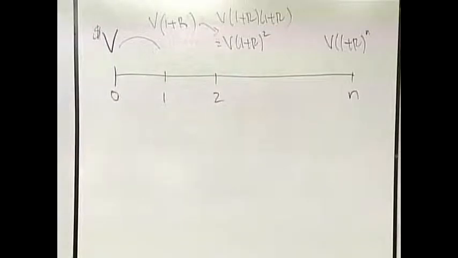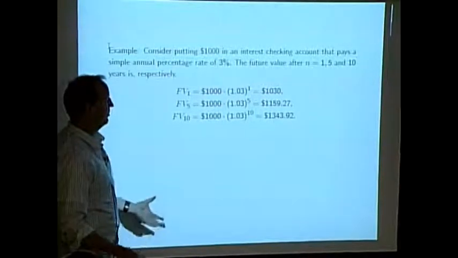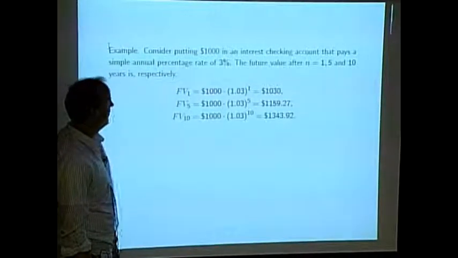As a practical example, say you start with $1,000 in a checking account that pays a simple annual interest rate of 3%. By today's standards, this is high, right? Right now, banks are paying at best 1% per year, which is historically extremely low. So what is your future value after 1, 5, and 10 years?